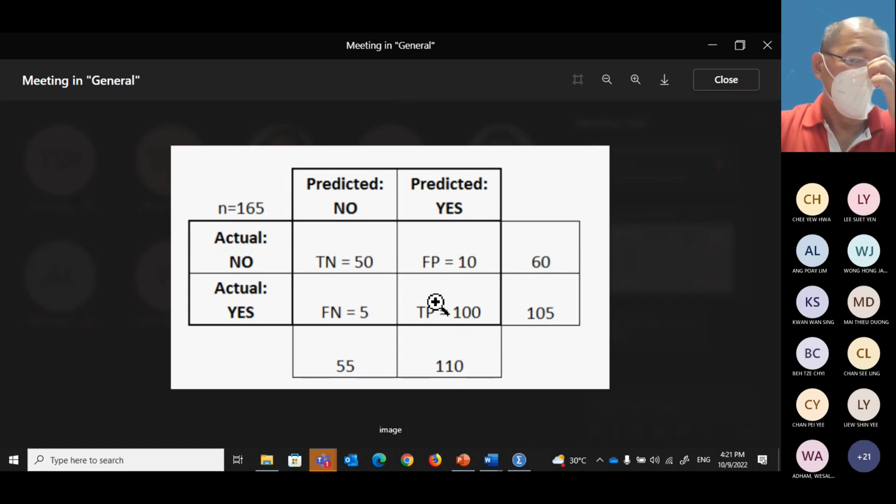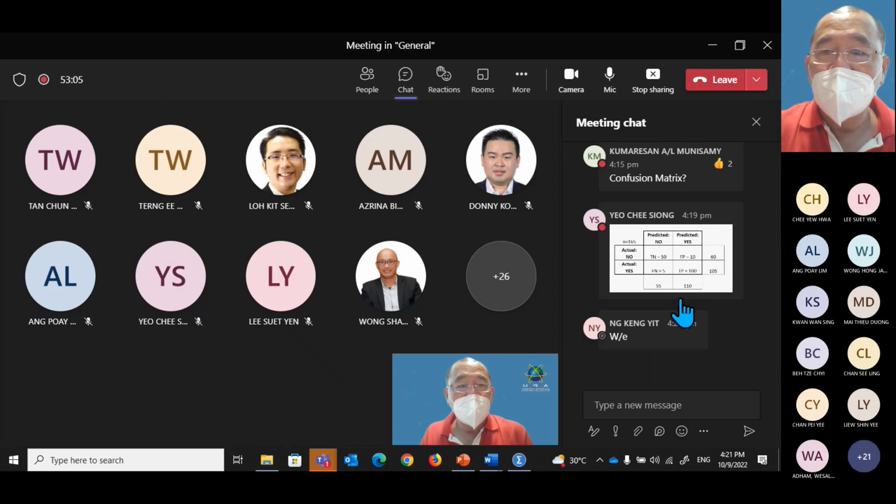Predicted no, actually no. Therefore 150 over 165 is correct. It's the same idea. They may use a different term, but same idea. So the predictive accuracy will be 150 over 165, for this example.